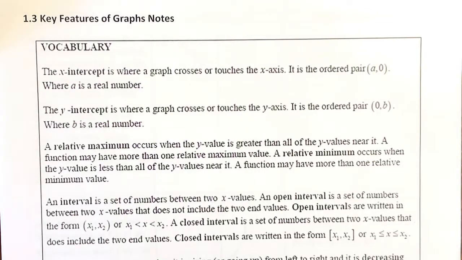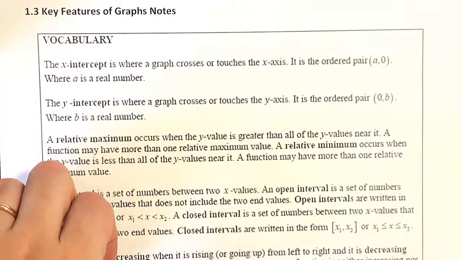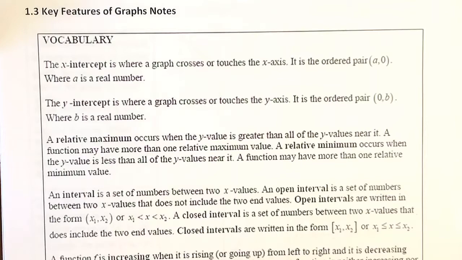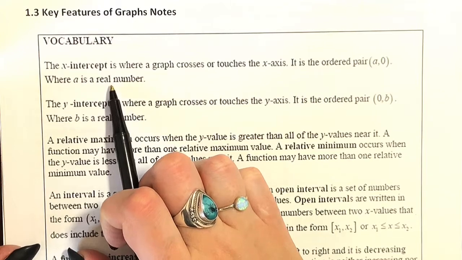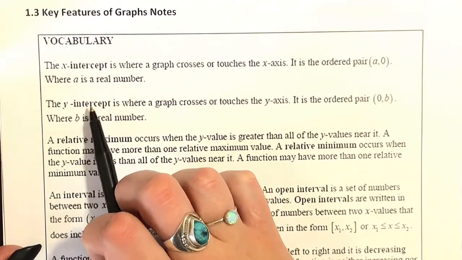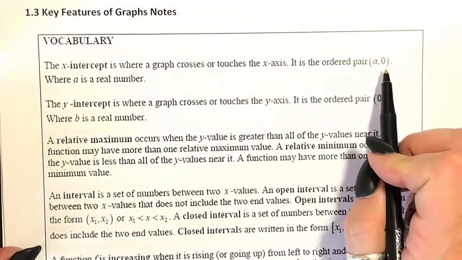So the first thing we're going to talk about are your x and y intercepts. Hopefully those are familiar. You've been using intercepts for a couple years now. But just as a recap, an intercept is where your graph is going to be crossing either the x-axis or the y-axis. And we do write those usually as an ordered pair.